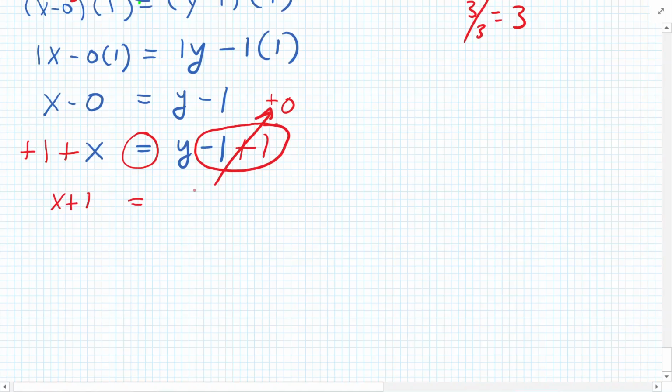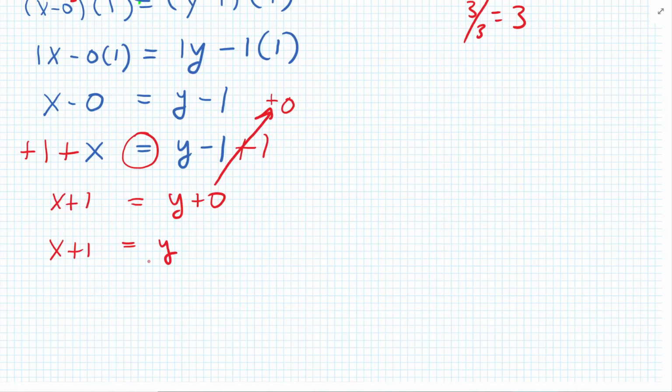Okay? X plus 1 equals y. I generally like to think of y as on the left side. It's just easier for my brain. So I'm just going to do y equals x plus 1. That's the equation we found.